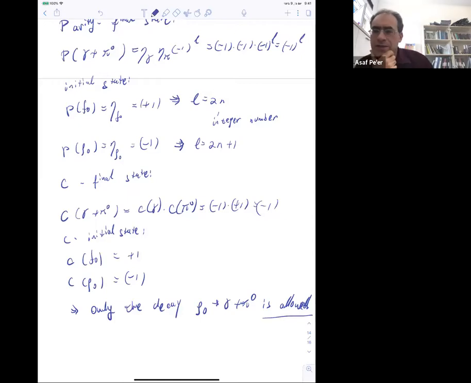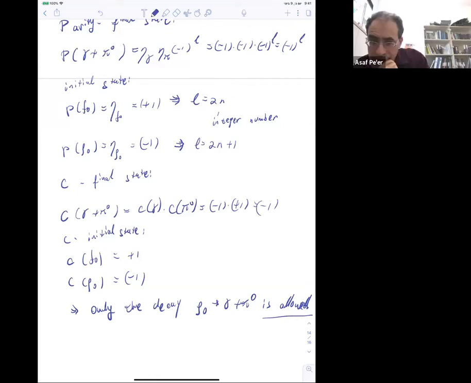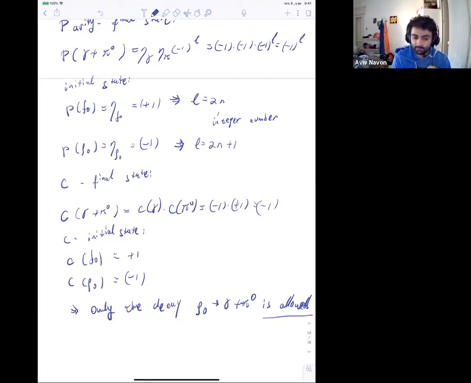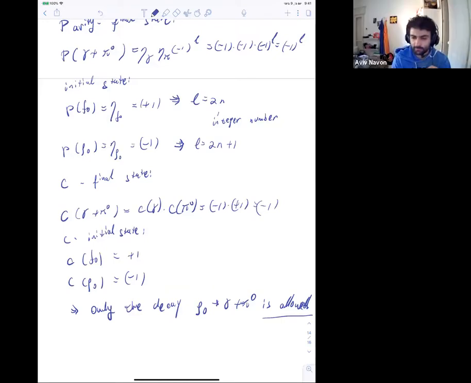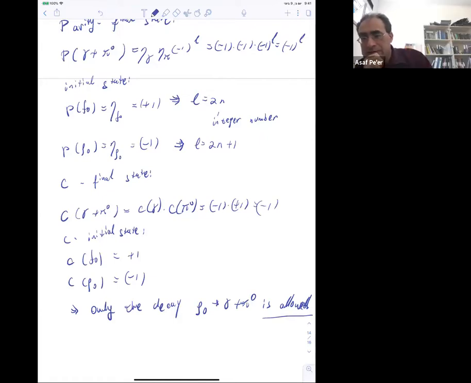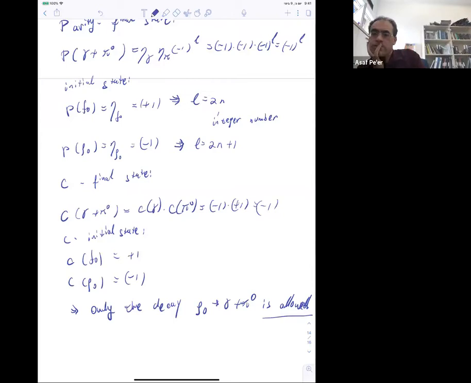And yet its charge parity eigenvalue is minus 1. Aside from its definition as the EM field, is there any other way to tell us why?